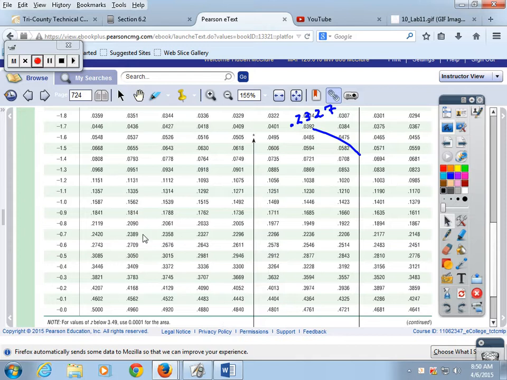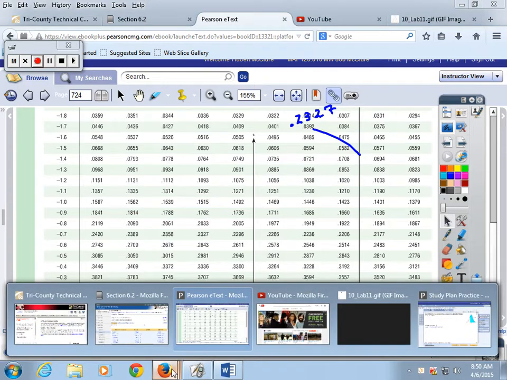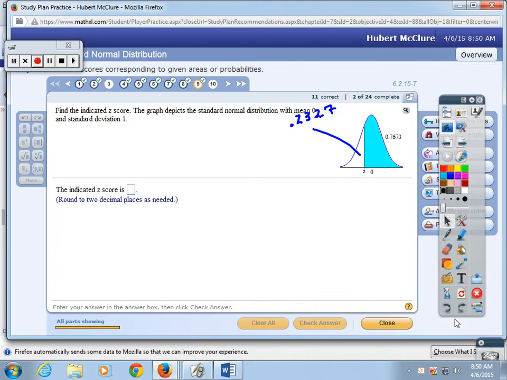And that is negative 0.73. So negative 0.73 should be your answer.